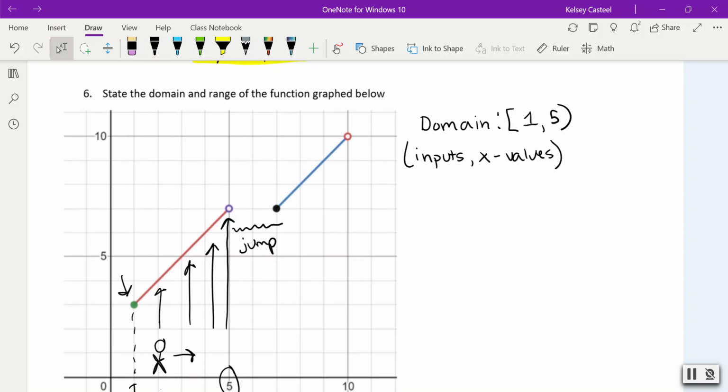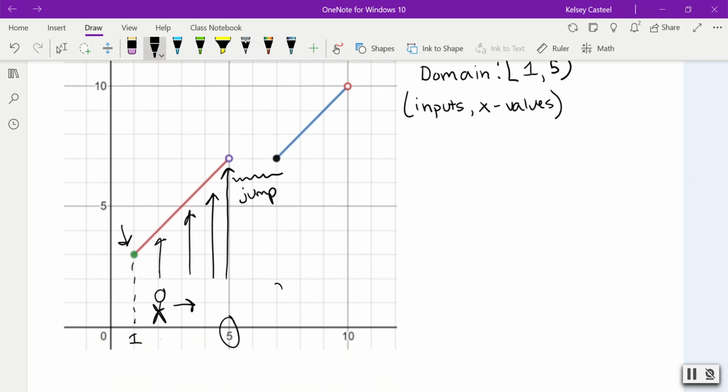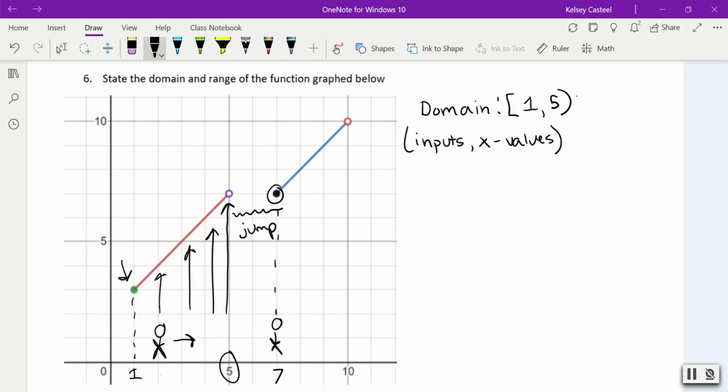I jump across, and now I'm underneath the black dot here. Looking where we are on the x-axis, that would be at 7. So my domain picks up at 7, so I'm going to use my union symbol, and that is a filled in circle. So I have a square bracket, 7, comma, and I keep walking, and I stop on the x-axis at 10, and I have an open circle there.